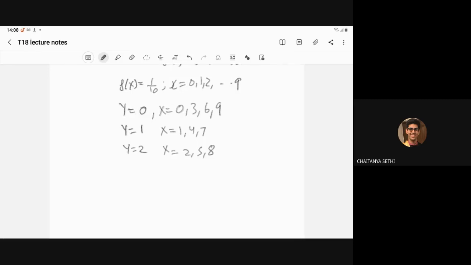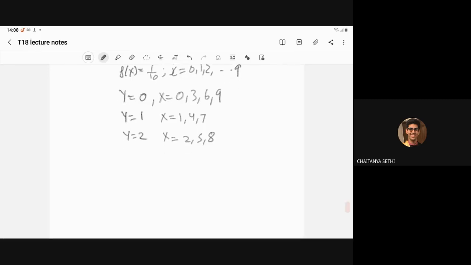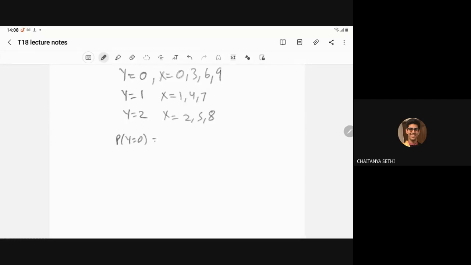It means if you have to compute probability y is equal to 0, it means probability x is equal to 0, 3, 6, 9. So all are equally likely. So in total we have 4 points, so it will become 4 by 10.